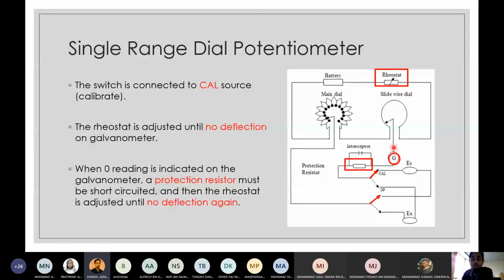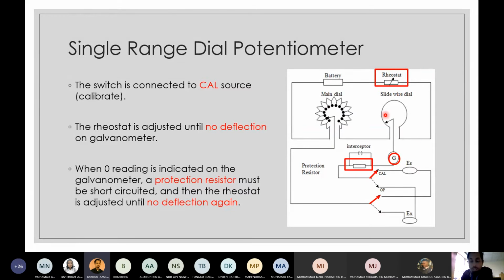After there is no movement of the galvanometer, we need to remove this protection resistor. So we have this line here where we short circuit the protection resistor. The purpose of the protection resistor previously was to make sure that there is no excessive current flowing in the circuit when you do the calibration.